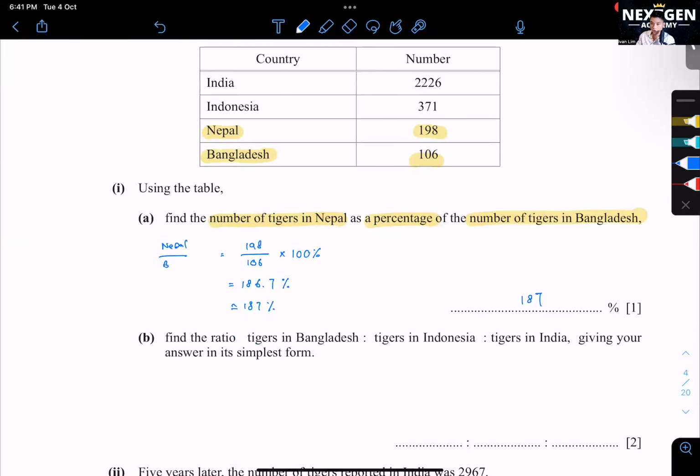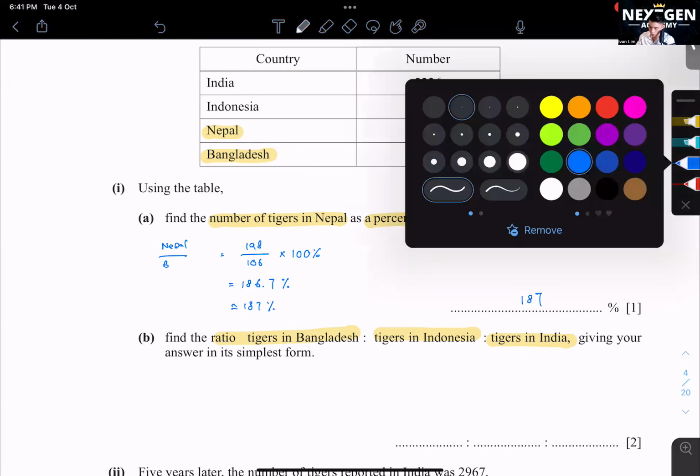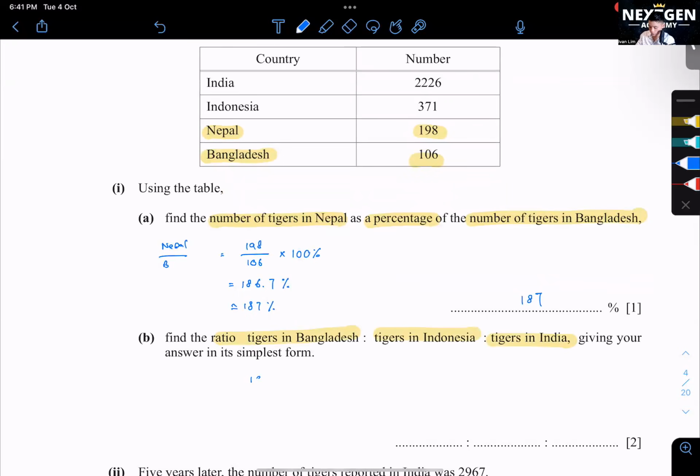Question B. Find the ratio of tigers in Bangladesh to tigers in Indonesia to tigers in India, giving your answers in its simplest form. So you just need to write Bangladesh, which is 106 to 371 to India, 2226.